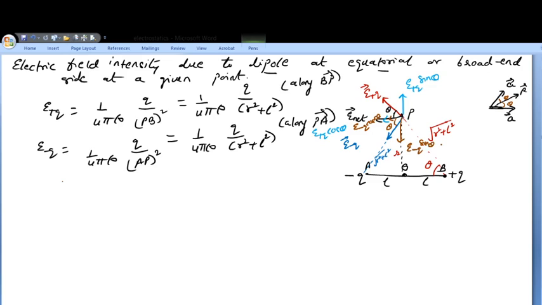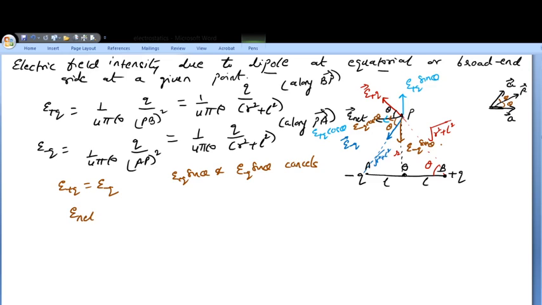But we know that the magnitude of E plus Q is equal to E minus Q. So E plus Q sin theta and E minus Q sin theta cancel out. And what will be the resultant?